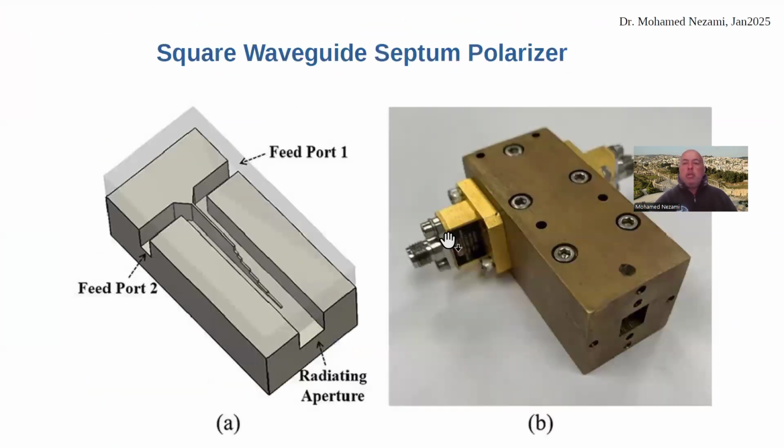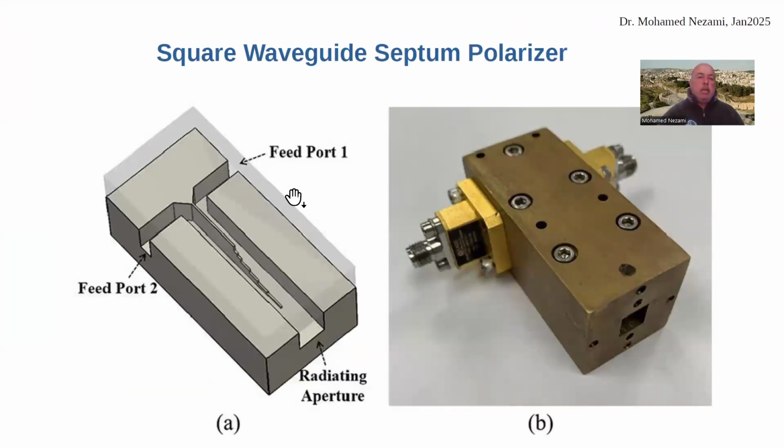Now looking closer, this is the septum polarizer. It has a transition that captures the signal into a square waveguide, and it then goes through a stair-stepped septum, which I will show you in a minute, or you can refer back to my videos, which magically takes both vertical and horizontal circular polarized signal, either right-hand or left-hand, and decomposes them into separate rectangular waveguides.